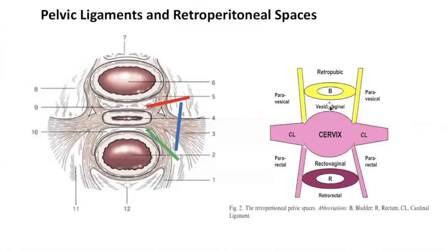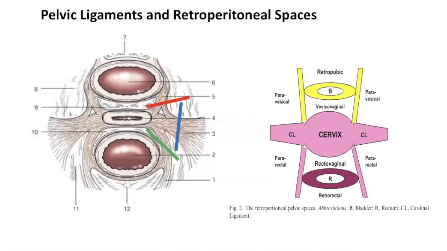The essence of the radical hysterectomy consists of opening up and visualizing these retroperitoneal spaces, followed by identification and transection or division of the pelvic ligaments, while avoiding damage to surrounding vital structures such as the bladder, ureters, and rectum.